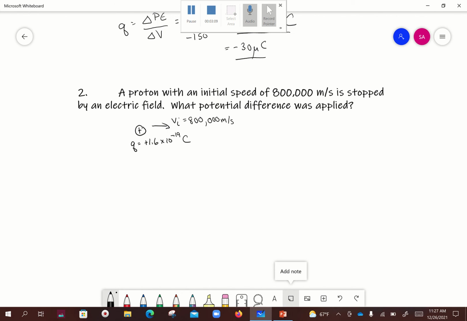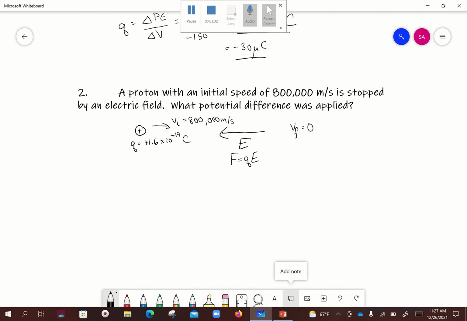So remember, the force on a positive charge is in the direction of the electric field. So if I want to stop it, I want to apply a force in the opposite direction. So I'm going to apply an electric field like this. So my force is equal to Q times E. Okay, and that's going to slow it down. And so my final speed is going to be 0.